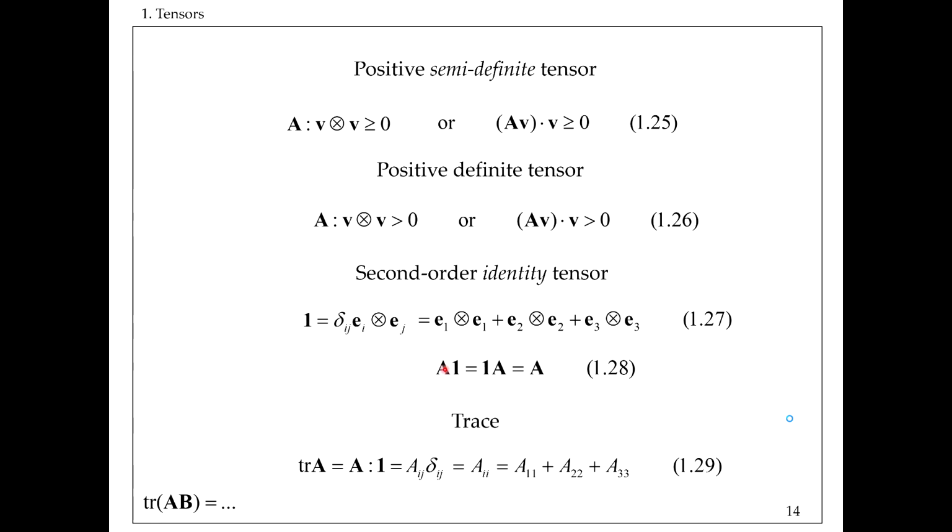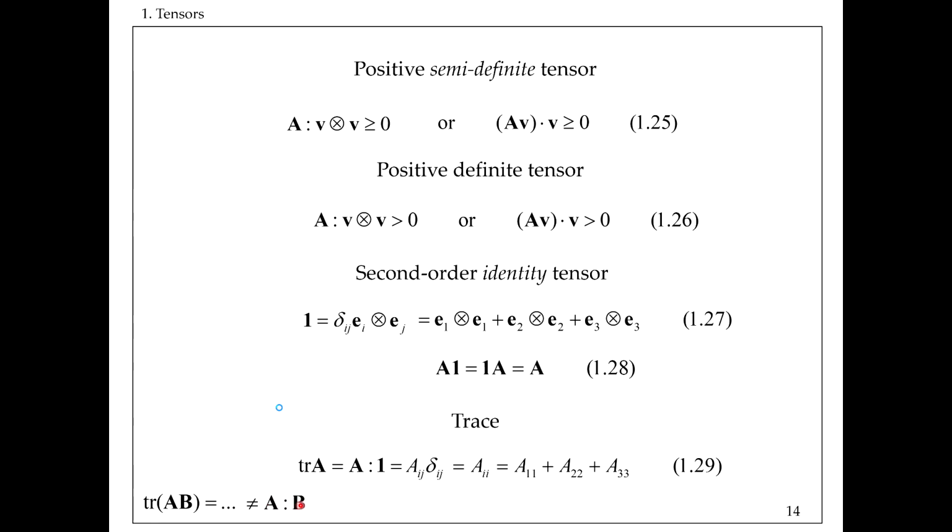We also expect that there will be some properties. We can expect that the multiplication of the identity matrix acting on A, we can use the property to produce the same tensor, but it appears that actually the trace of AB cannot be written like that. There will be something very similar, but not exactly the same. So the trace of AB will not be the double contraction of A and B in this way.